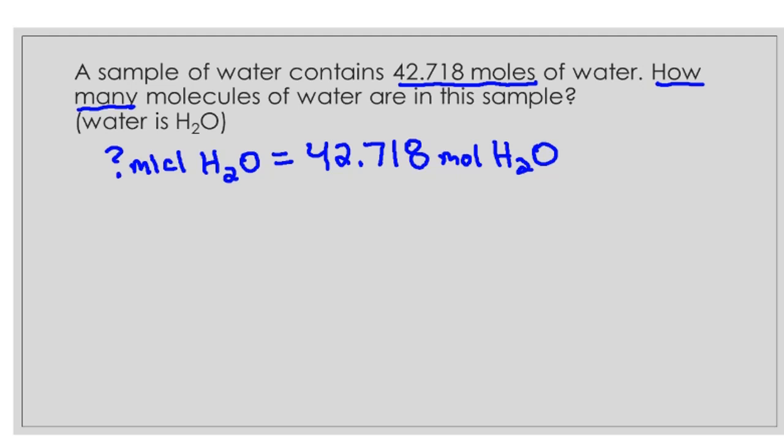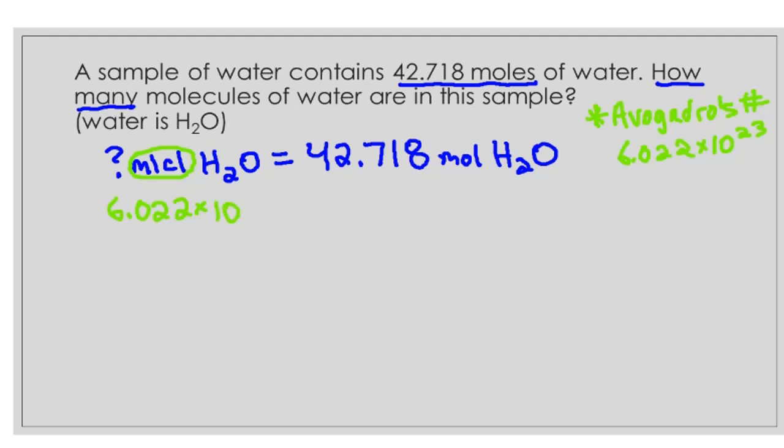Now, since this says molecules, your question mark includes molecules. How many molecules? That should set off alarm bells for you. Ding, ding, ding. We need to use Avogadro's number, which is 6.022 times 10 to the 23 molecules of water is just going to equal 1 mole of water.